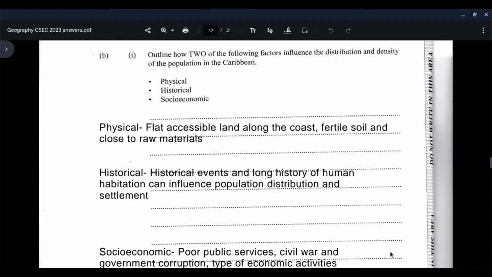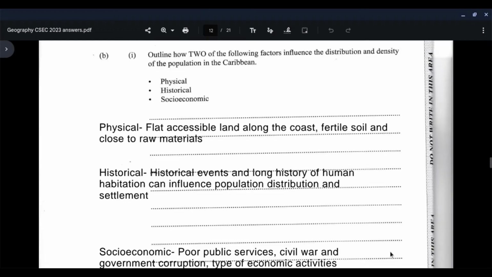So when we talk about historical, you have historical data that supports population distribution and density. Some areas, for example, let's look at the urban areas. Those areas have historically, for years, had a high population density, right? Rural areas have a lower population density.